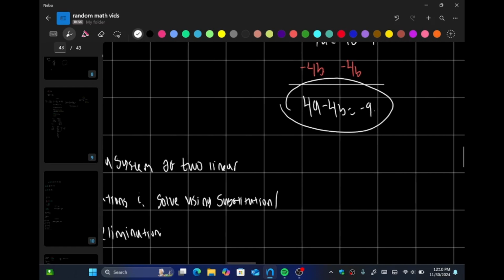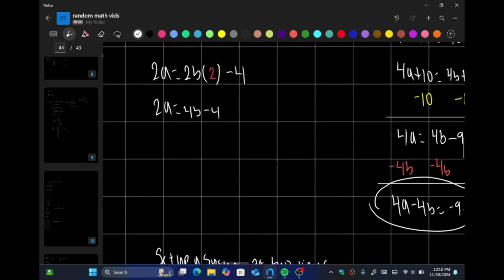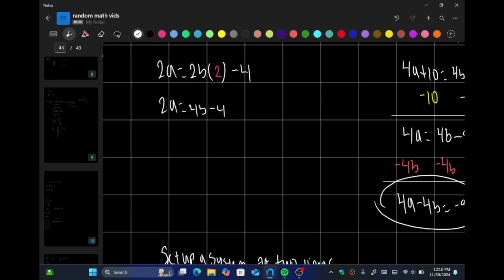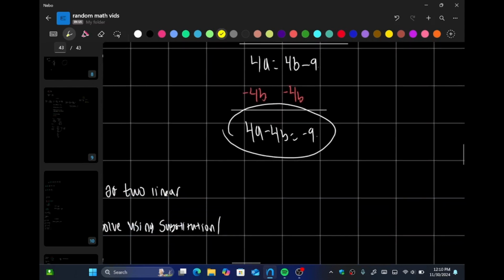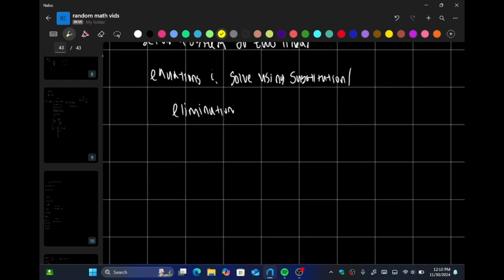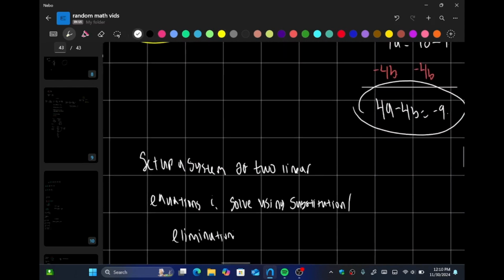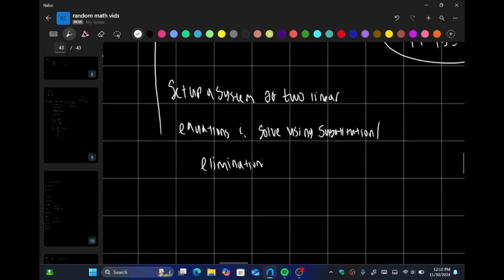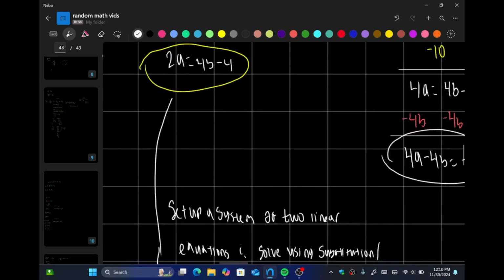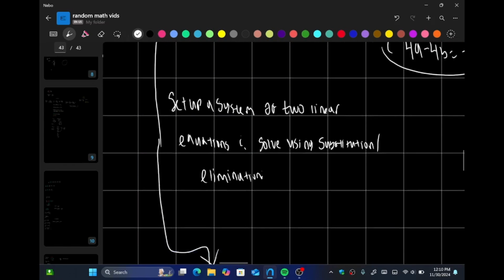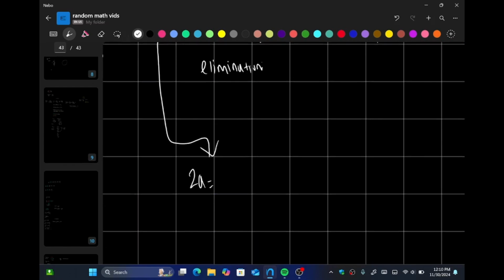Okay, guys, so in other words, we now have a system of 2 linear equations and 2 unknowns. The first one we have here is 2a equals 4b minus 4.